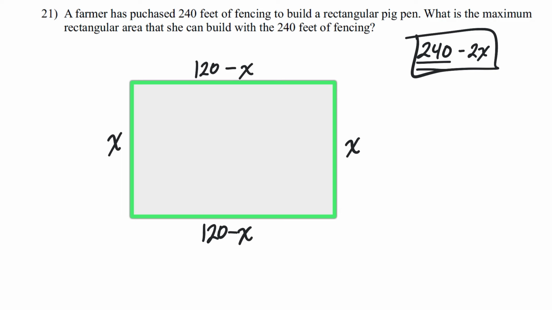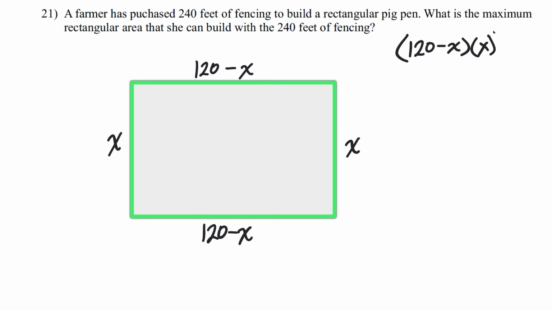X times 120 minus x. Now, the area is length times width. Many of you have told me this already this year. So if I'm going to find the area, it is the length times the width.